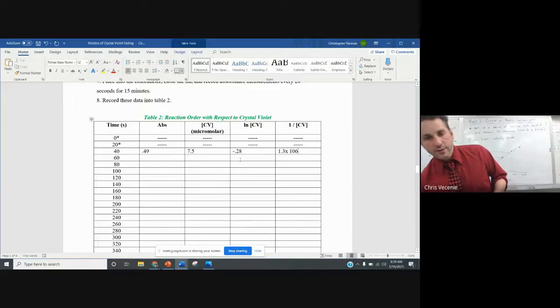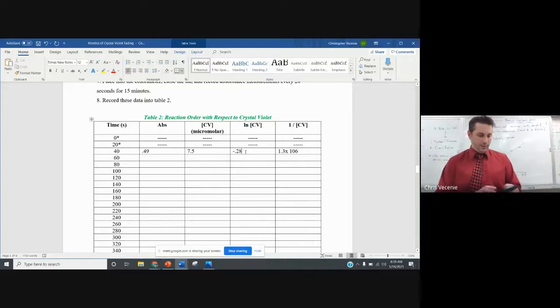And if I do the ln, sorry, I'll have to do the ln again. I forgot to put the negative 6 in. ln of 7.5 e negative 6, that value ended up being negative 11.8.